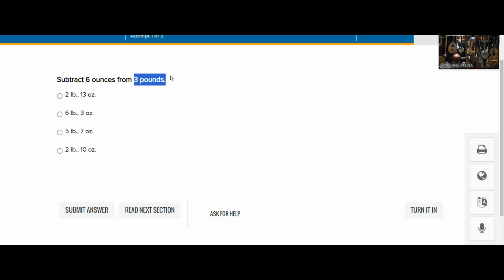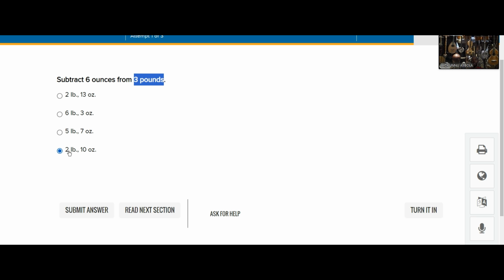Then the next one, subtract 6 ounces from 3 pounds. So 3 times 16 is 48, minus 6 is 42. And how many 16s can we see there? That'll be 2, remainder 10. So that should be the last option.